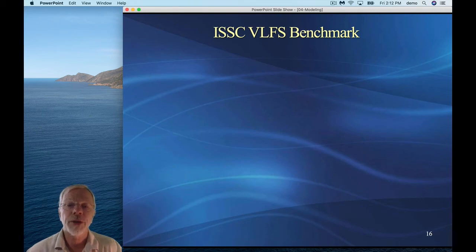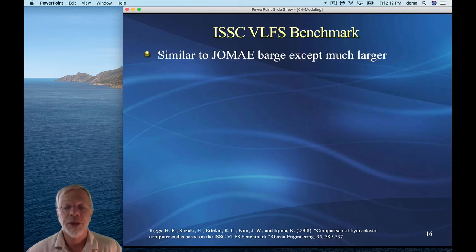Another benchmark that has been published in the literature is the so-called ISSC VLFS benchmark. VLFS stands for Very Large Floating Structure, and it's an acronym that's become very widely adopted. ISSC is the International Ship and Offshore Structures Congress, and this benchmark is very similar to the OMAE barge, except it's much larger.